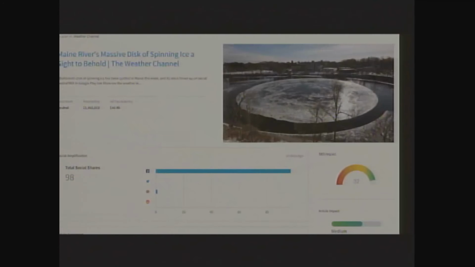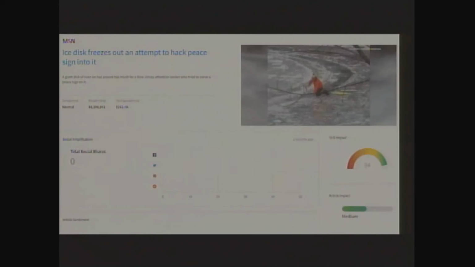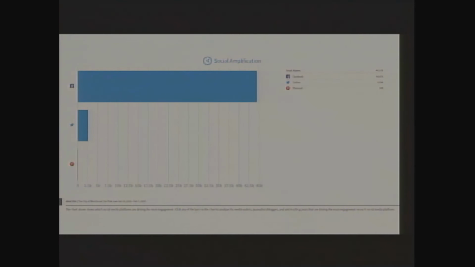So it's pretty good. Just a few more examples. The Weather Channel, readership 21.5 million, and the ad equivalency is 40,000. And MSN, 86 million, and the ad equivalency would have been $162,000.